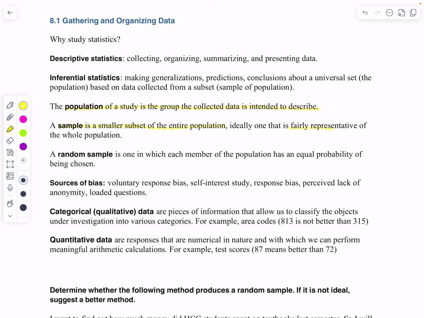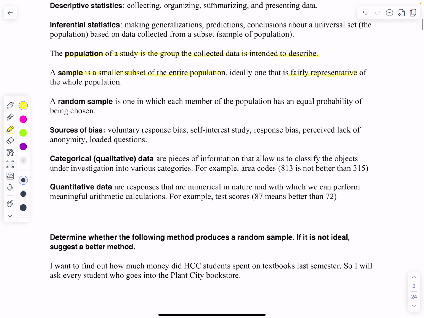Ideally, it's fairly representative of the whole population. And finally, random sample, or I shouldn't say finally because we have more left, but a random sample is one in which each member of the population has an equal probability of being chosen. By the way, random sampling is the best type of sampling to do if you can do it, because everybody has an equal chance of being represented.